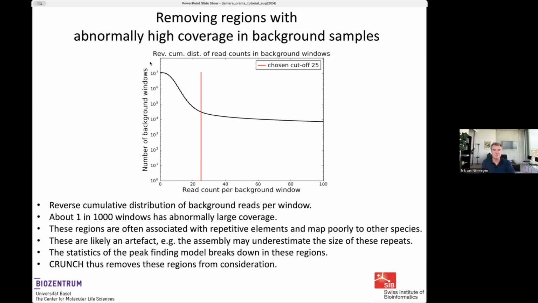So I'm showing you here a reverse cumulative distribution of how many windows there are along the genome where, in a background sample, from some example data set, there are more than so many reads mapping. So you see that it goes from 10 to the 7 to 10 to the 6 windows, right?